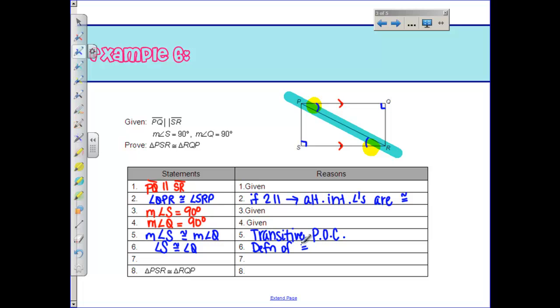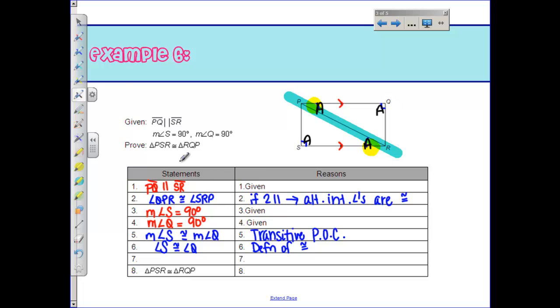Definition of congruence. And then what? What is it that we've done? We have that these angles are congruent. We have that these angles are congruent.